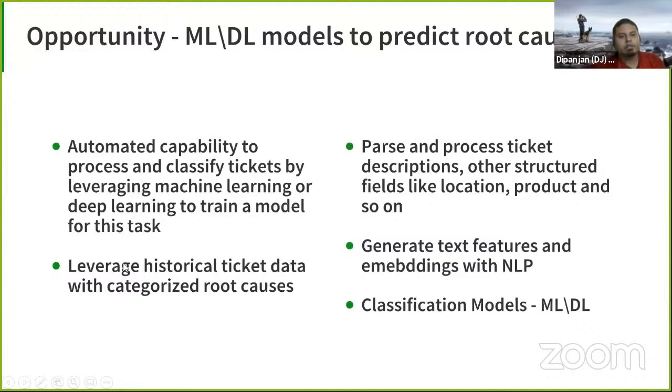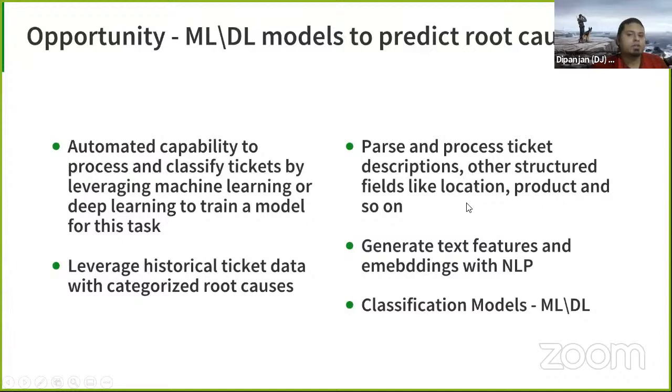So this is where we leverage a historical ticket data where we already have the root causes. Remember, if you don't have the label data, you can't build a supervised learning model. Just like we use logistic regression in the previous data set, remember we had the good and the bad labels. So the idea is, once we have this label data, we can parse and process this ticket description related to each and every incident which we had in the past.